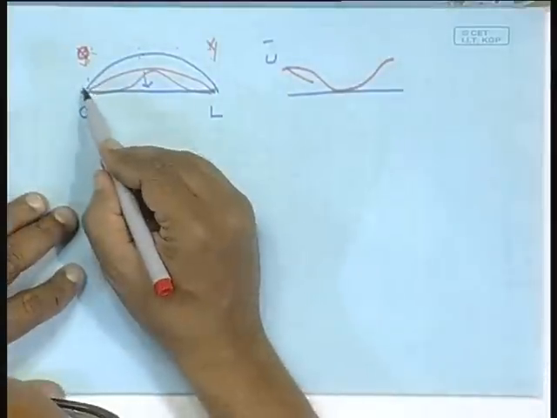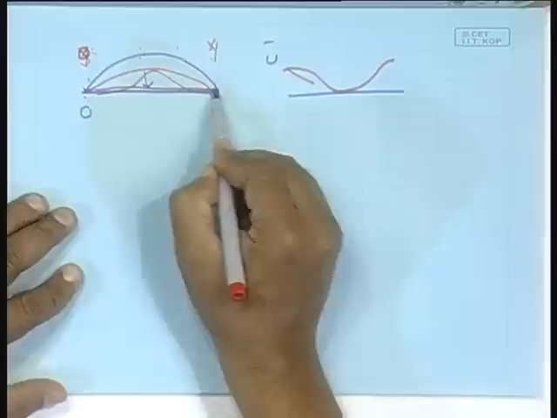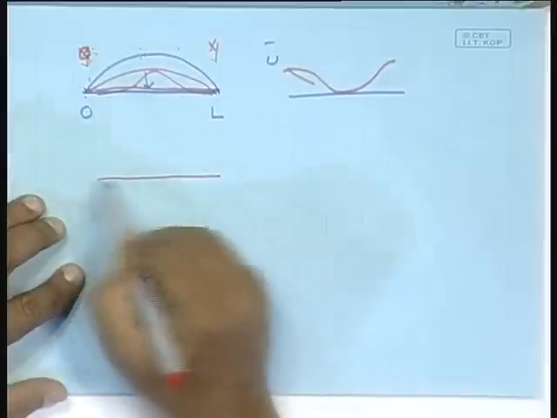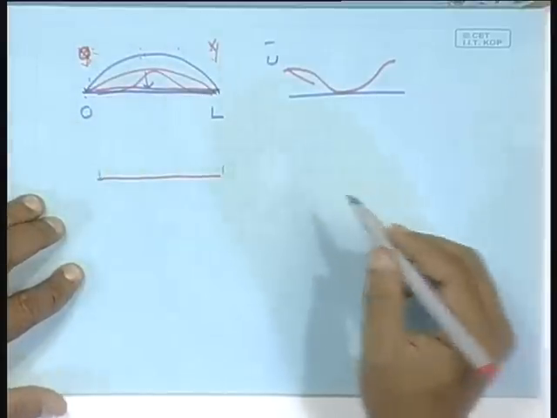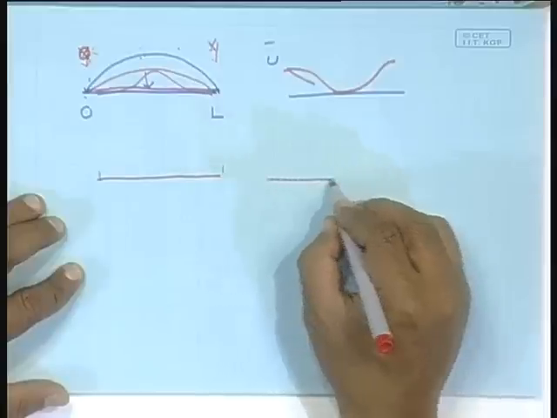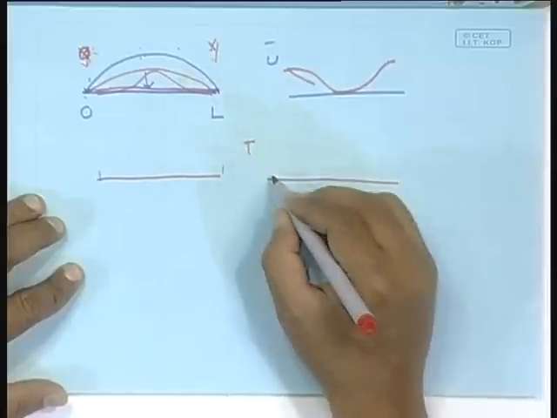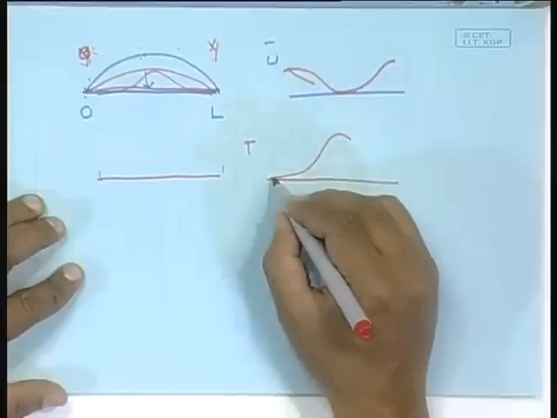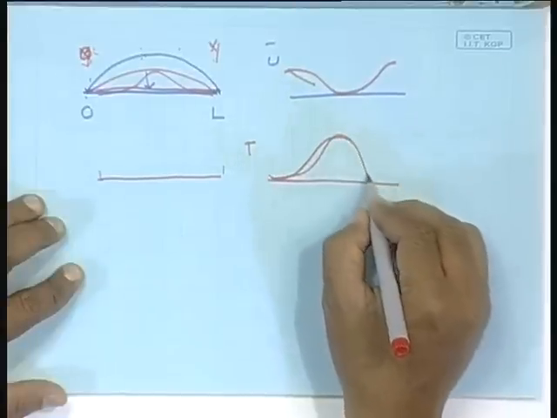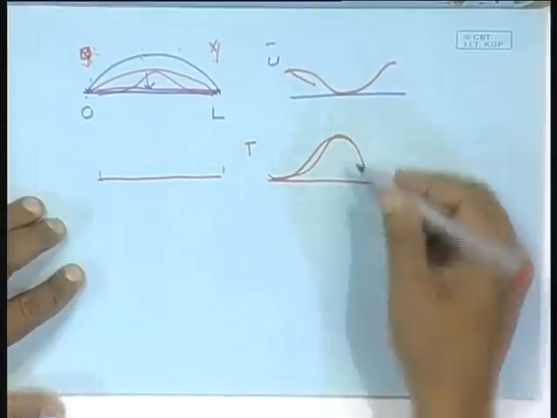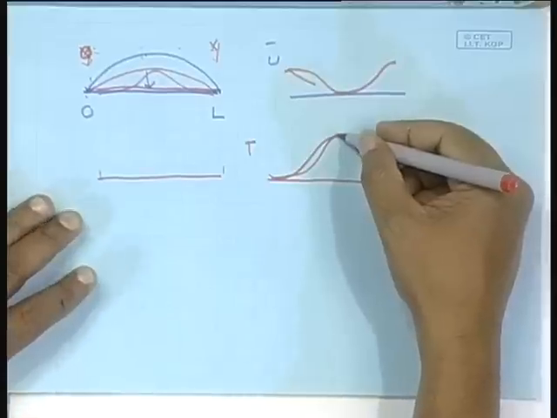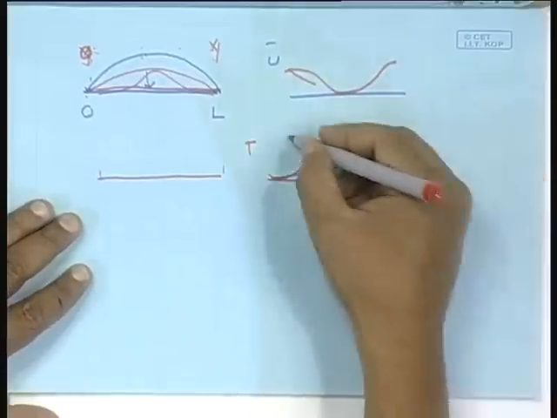And then finally, the deformation will become 0 everywhere. At this instant, all the energy has gone into the form of kinetic energy, and all the energy is now concentrated at the center. It will look like this, and then again the energy will flow out from the center towards the two nodes at the ends, and it will go into the potential form.